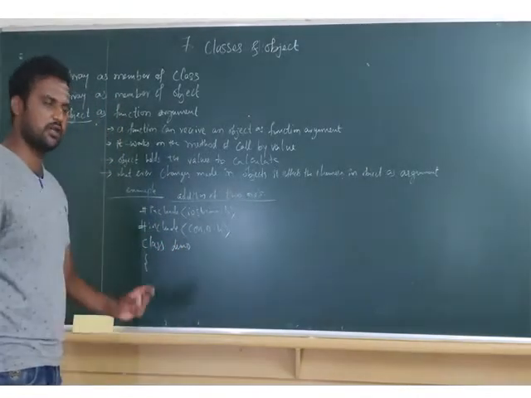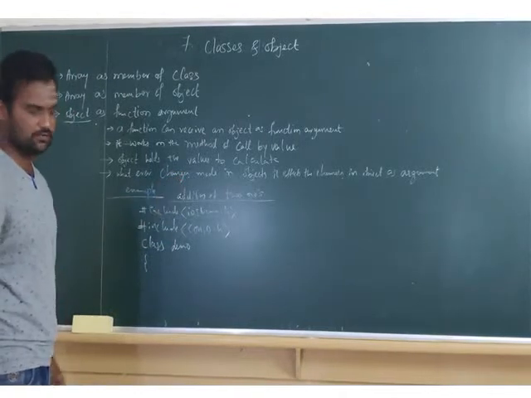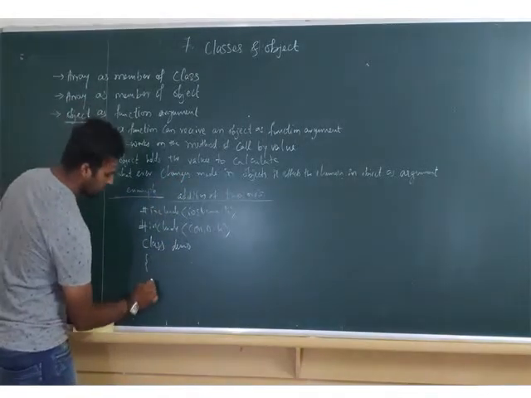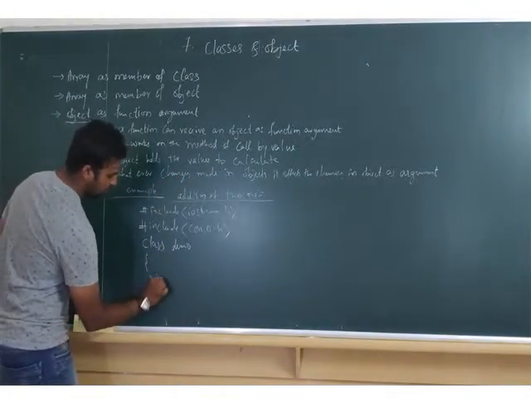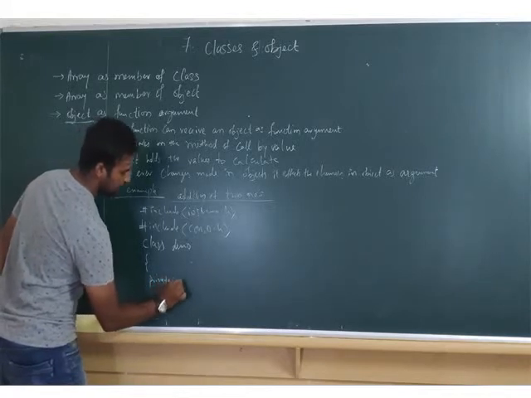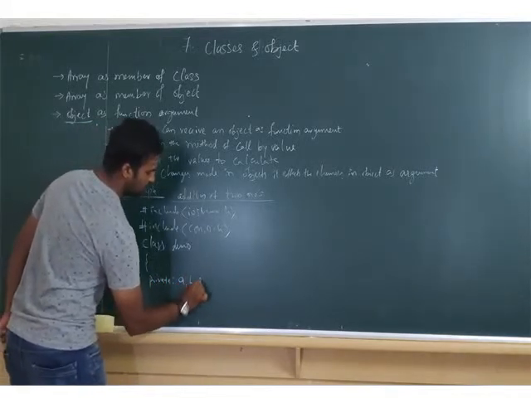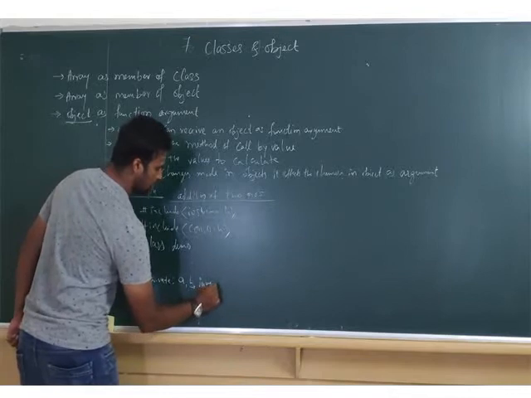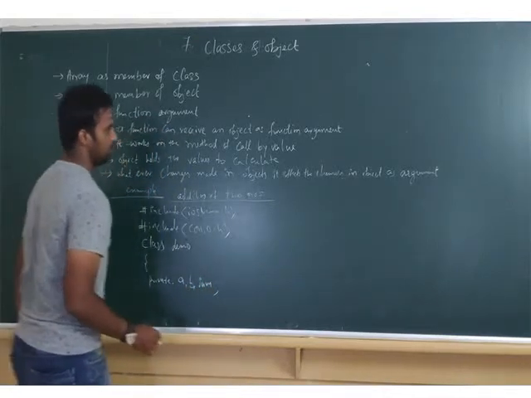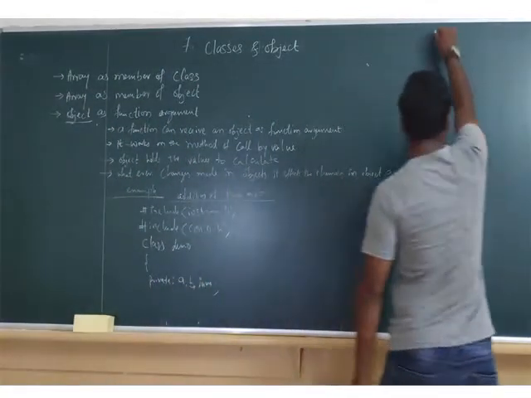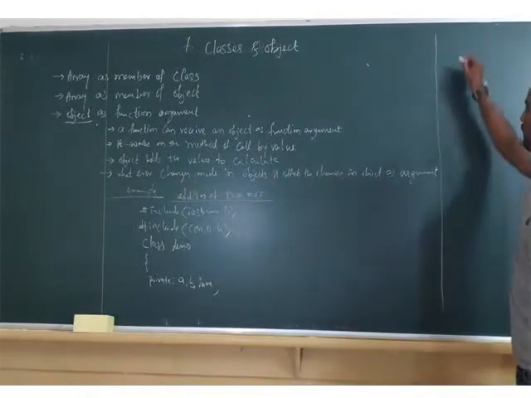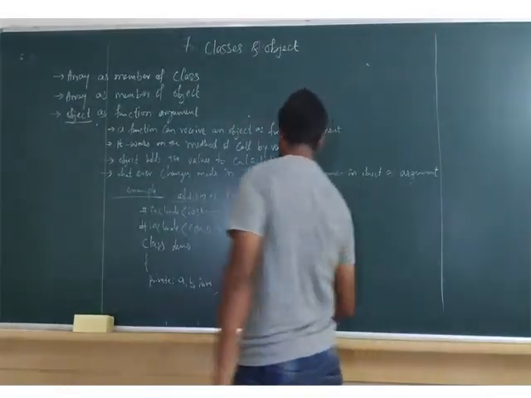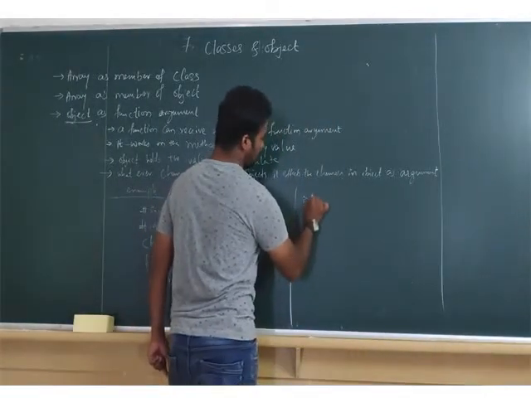Okay, I am giving just a demo of how to use object as a function argument. So here, private: a, b, sum. All three you require. Next I will write here public.